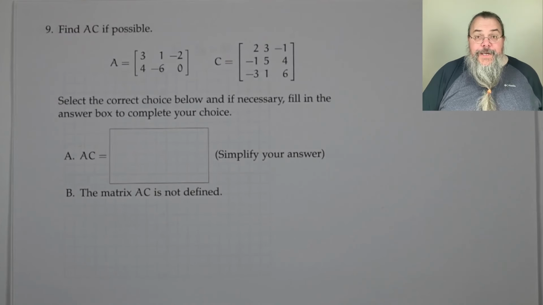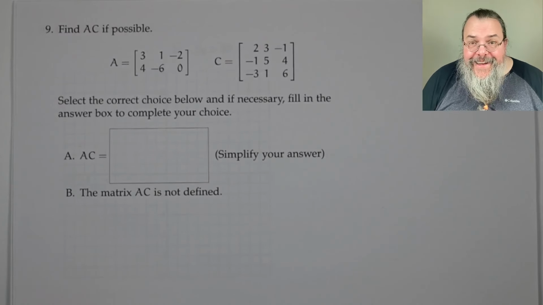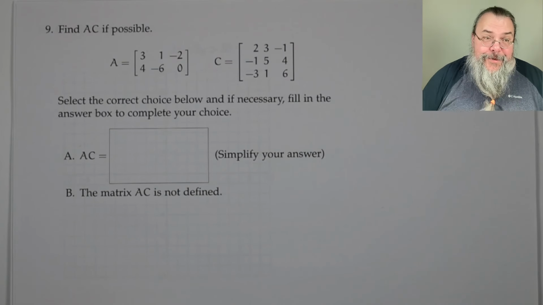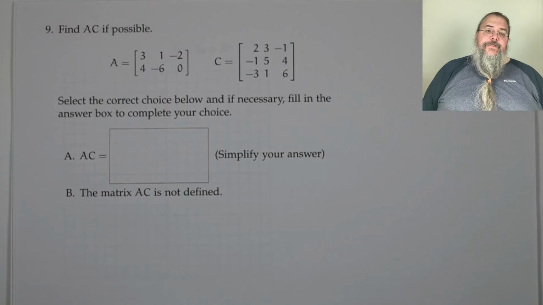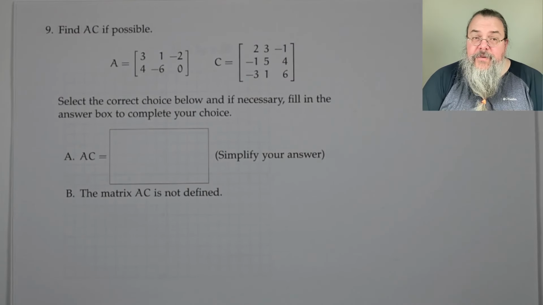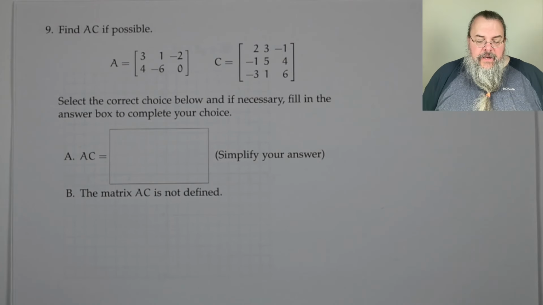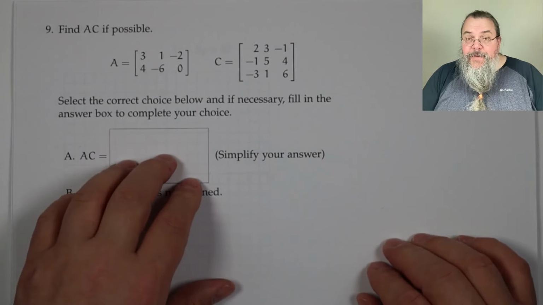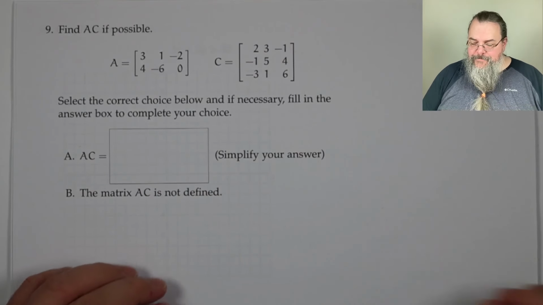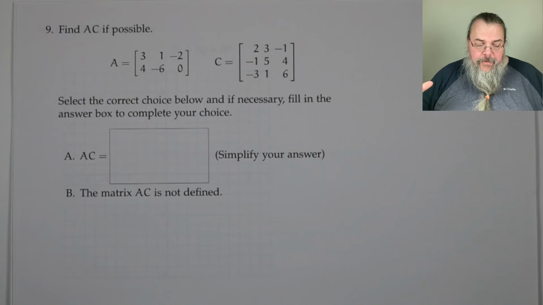All right. Number 9. Find AC if possible. And select the correct choice below. And if necessary, fill in the answer box to complete your choice. All right, so we have AC equals something, or the matrix AC is not defined. Now, here we're doing straight up multiplication.